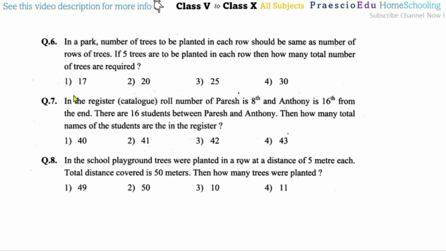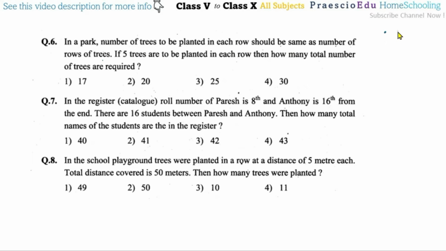Now question number 6, in a park the number of trees to be planted in each row should be the same as the number of rows. If 5 trees are to be planted in each row, then how many total trees are there?